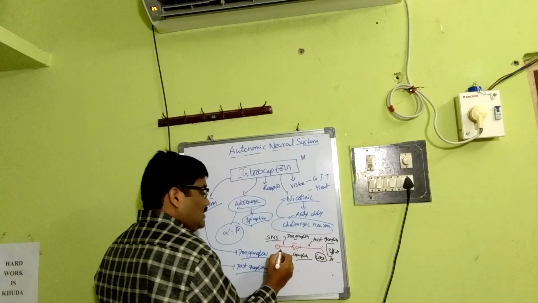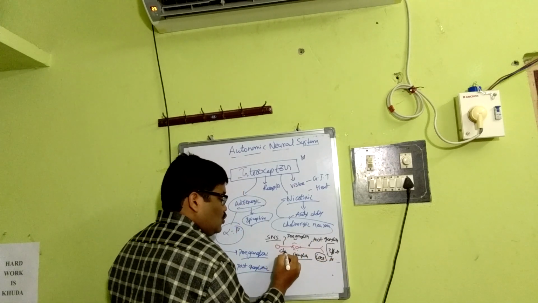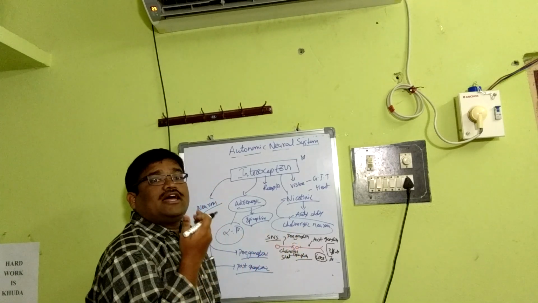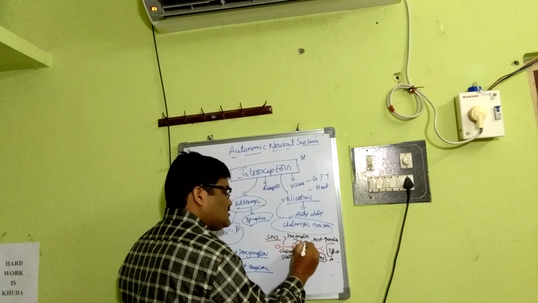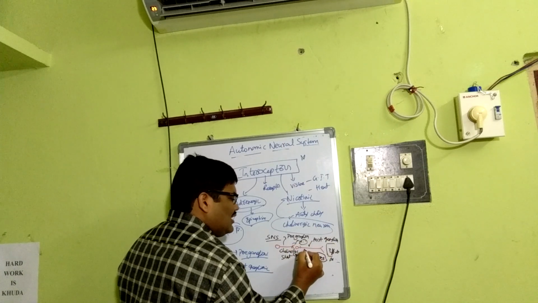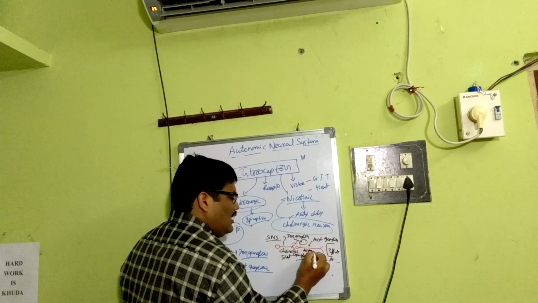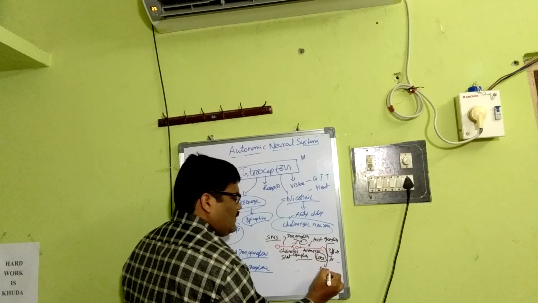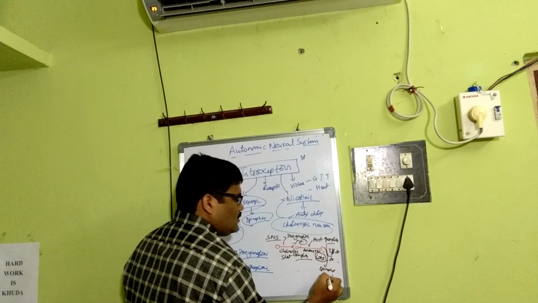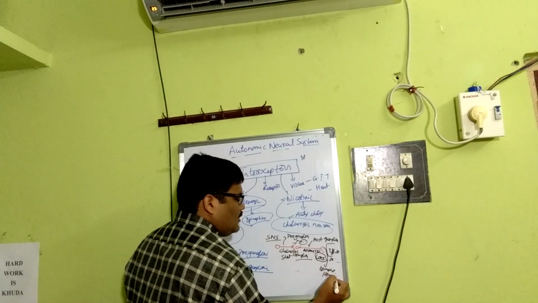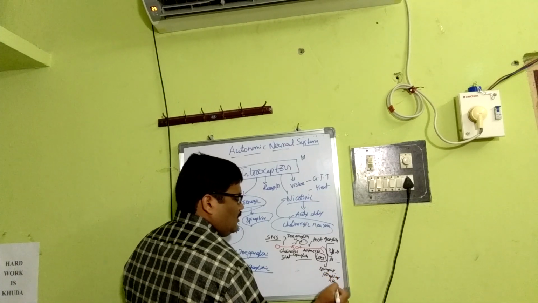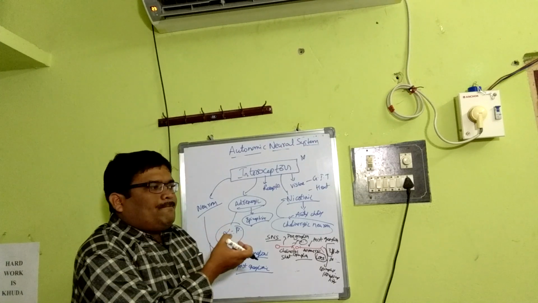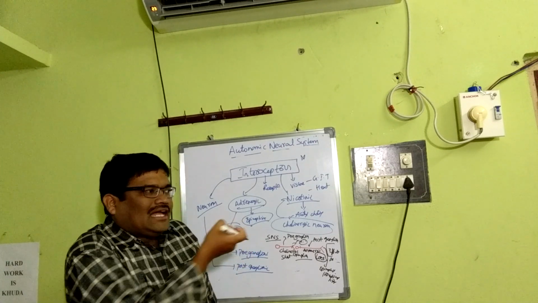The preganglionic neurons are cholinergic, that means they release acetylcholine as the neurotransmitter, whereas postganglionic neurons are adrenergic, that means they release epinephrine or norepinephrine. Epinephrine is in respect to circulation, norepinephrine is in respect to postganglionic nerve endings.